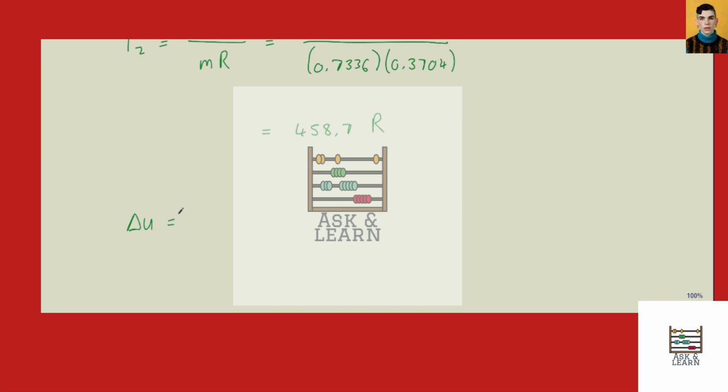Now that we have the final temperature, we can use the specific heats and calculate the internal energy change, delta U, and delta U is equal to CV delta T. So the constant volume specific heat times the change in temperature.